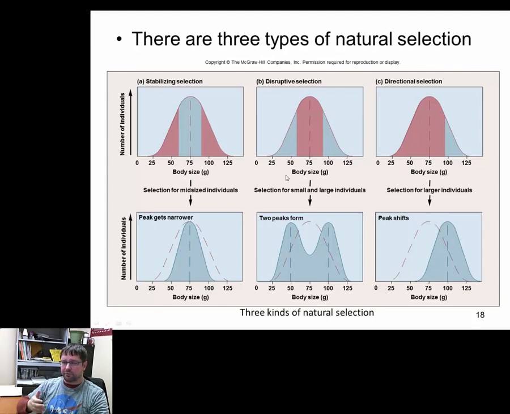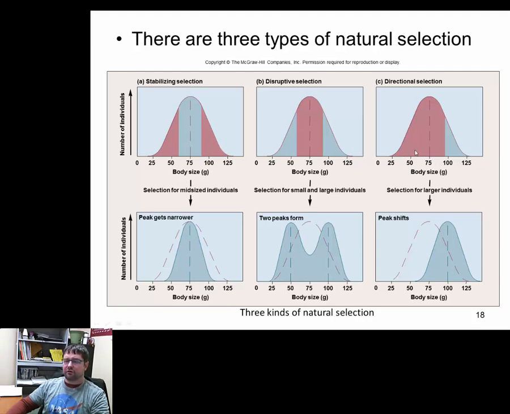Small individuals are what we call sneakers, and they can sneak in and reproduce. Large individuals might hold territories and stop any intermediates, any medium individuals from ever reproducing. So eventually over time, you might have two separate species because either you're small or large, but nothing in between.